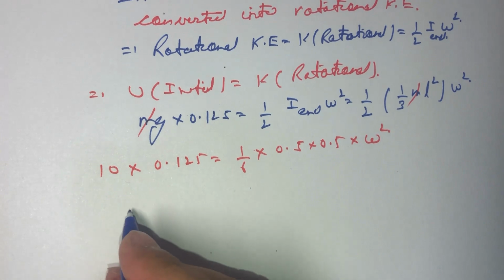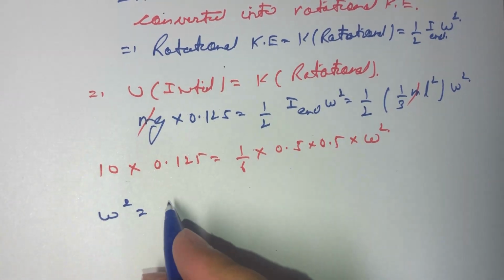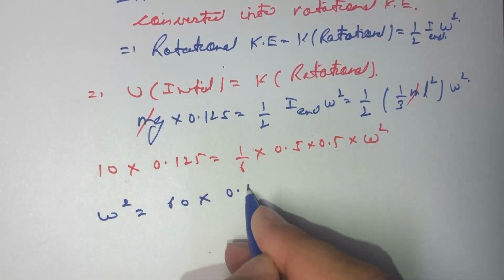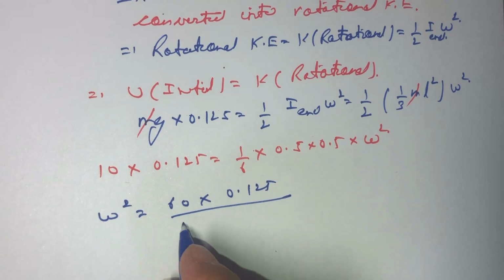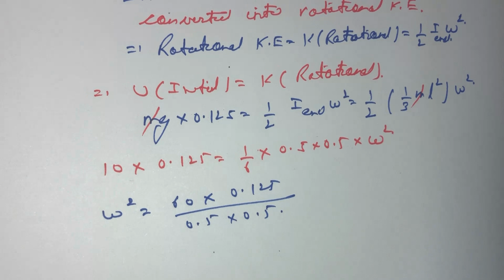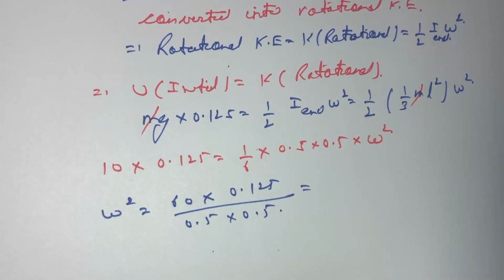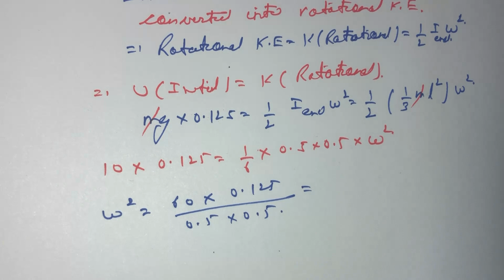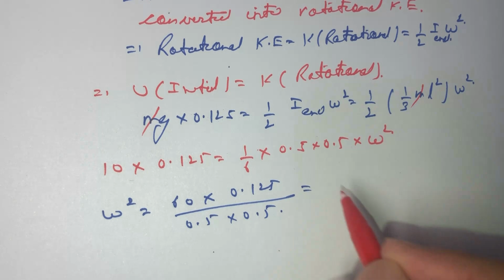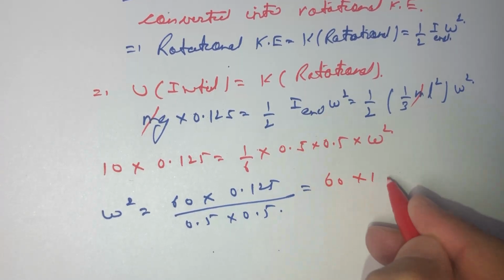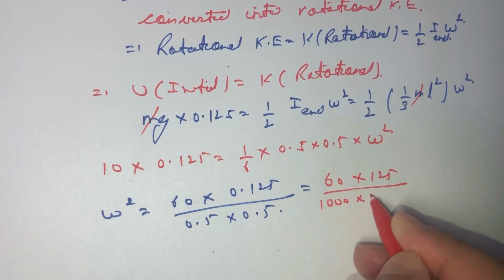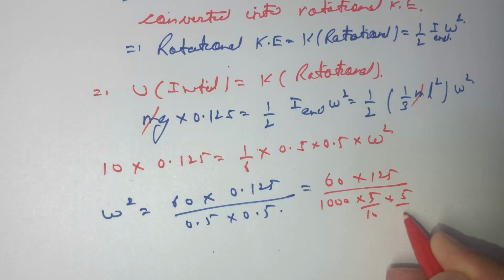Or we can say that omega square is equal to 60 multiplied by 0.125 divided by 0.5 into 0.5. Let me solve it. This will be 60 into 125 divided by 1000, into 5 divided by 10 and 5 divided by 10.